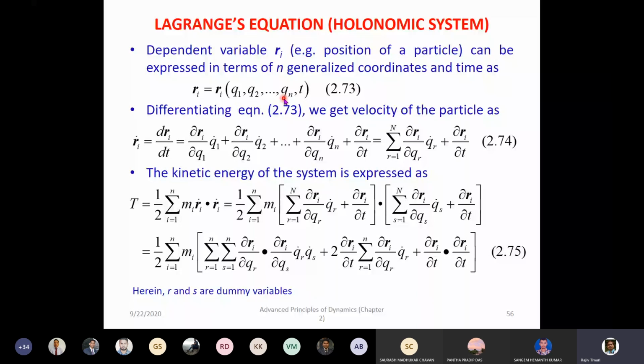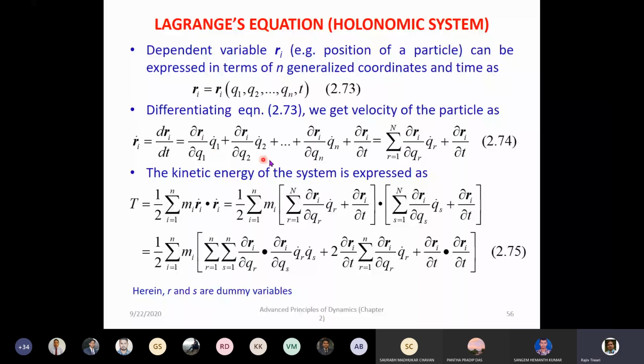And if we take the derivative of this with respect to time to get velocity, that can be written as dr_i by dt, and this total derivative can be expanded in terms of generalized coordinates. So del r_i by del q1 times q1 dot, similarly for q2 and qn.